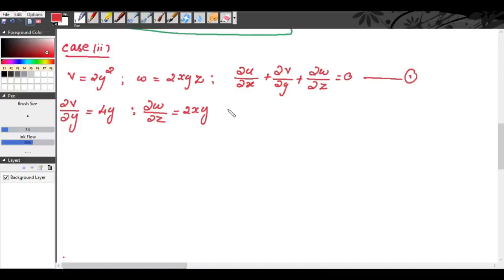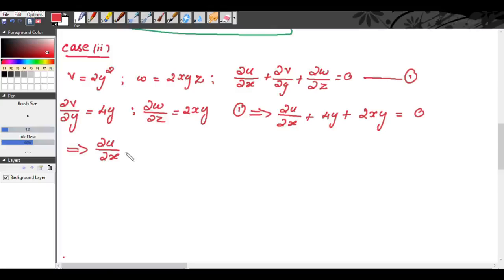Now our equation number 1 implies dou u by dou x plus 4y plus 2xy is equal to 0, which implies dou u by dou x is equal to minus 4y minus 2xy.